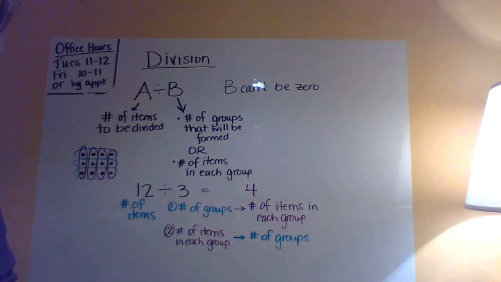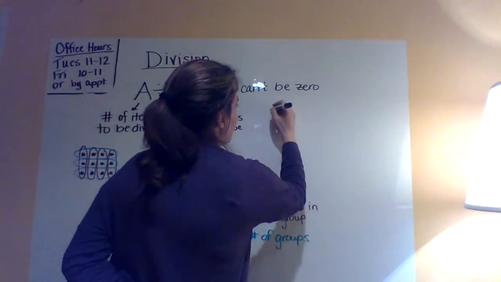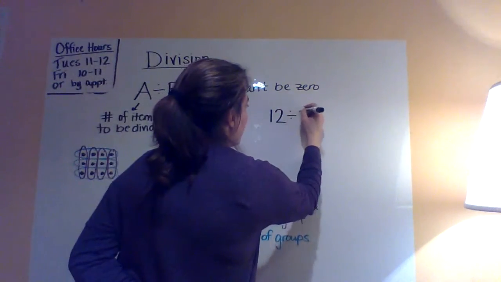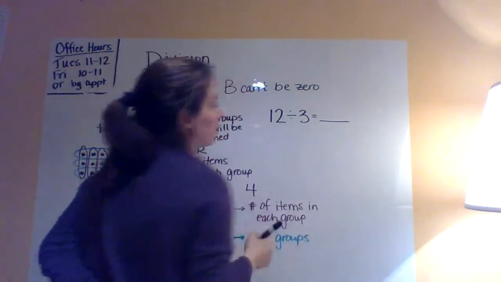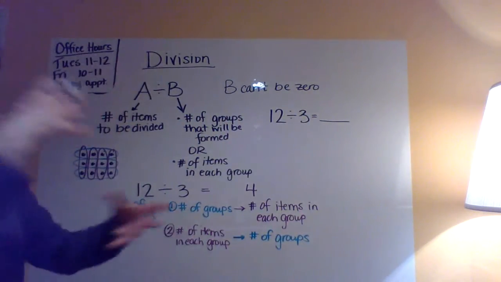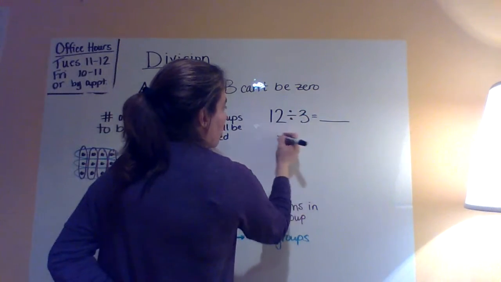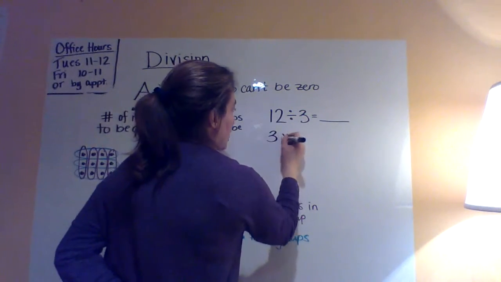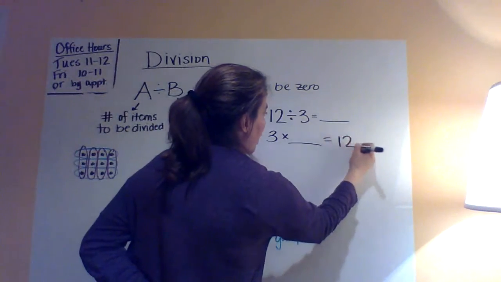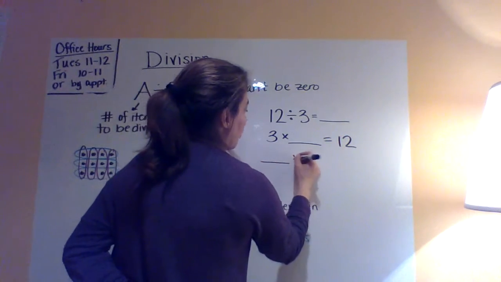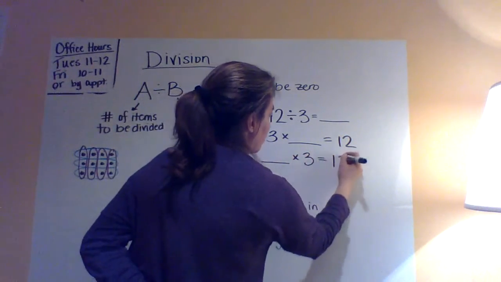Let's see. So, I'm trying to think next. Okay. So, we also can think about how this is related to multiplication. So if I have 12 divided by 3 equals some number, well, we can start out, especially with division, by thinking about that this means 3 times some number equals 12, or some number times 3 equals 12.